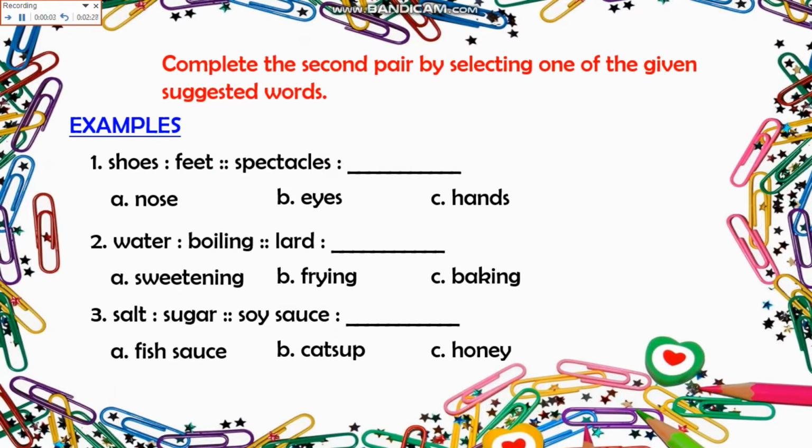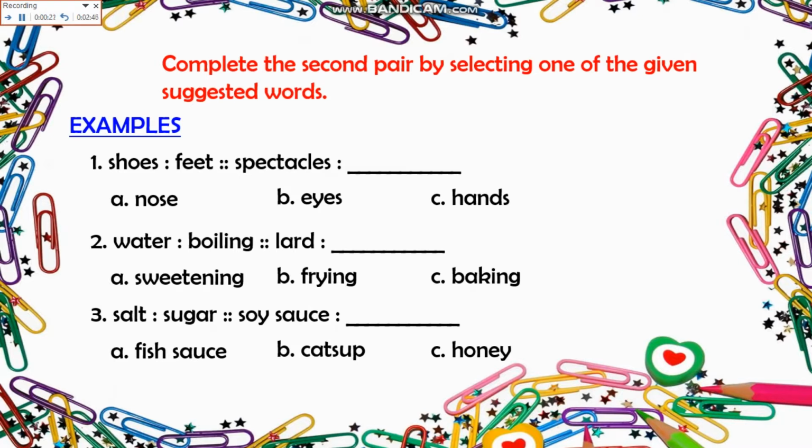This is with examples still, to refresh us of what we've taken up in the series of analogy or verbal reasoning concepts. Now we have to complete the second pair by selecting one of the given suggested words.